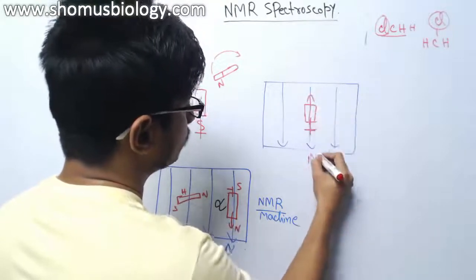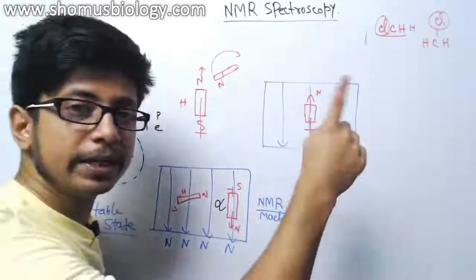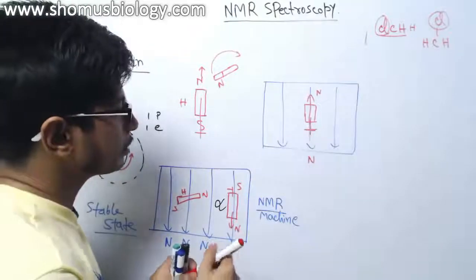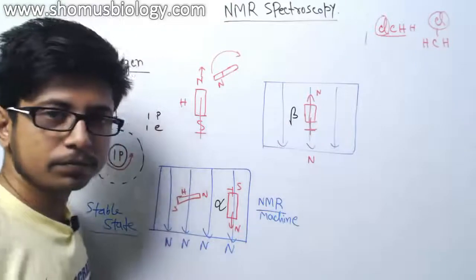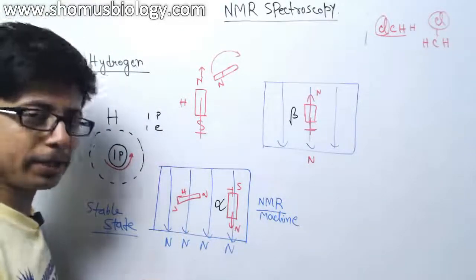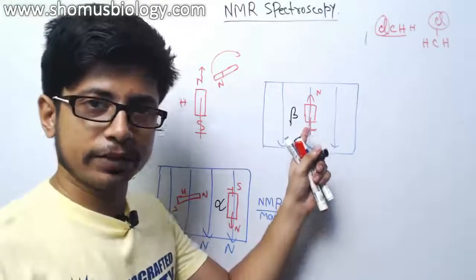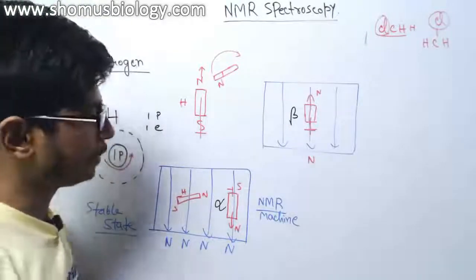So you see the arrow is completely 180-degree flipped. Now this spin is known as beta spin. We know alpha spin is the same directionality as the magnetic field, while beta spin is the opposite direction to the magnetic field. These are the two types of spin that we know of.